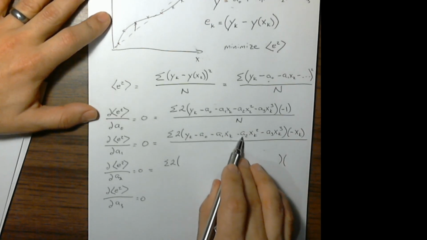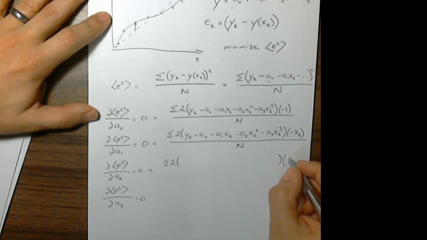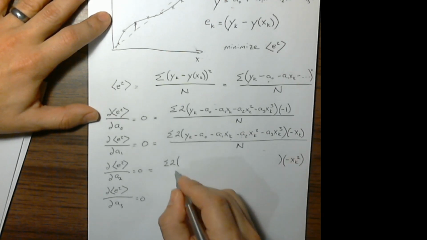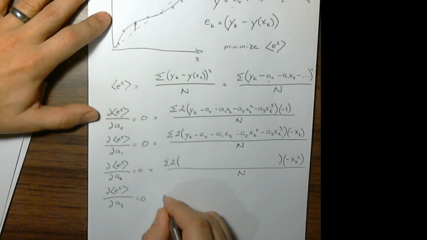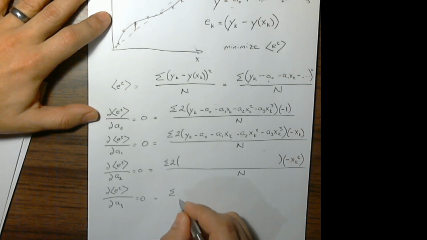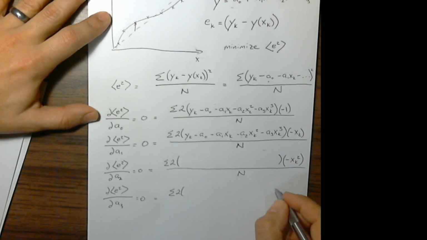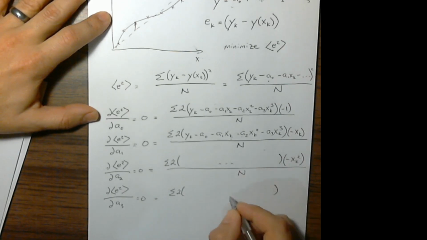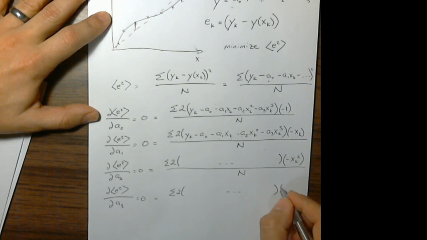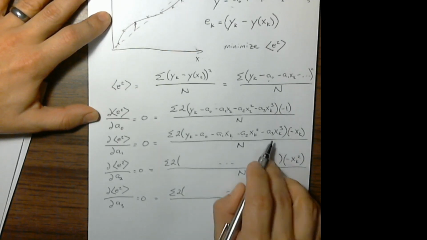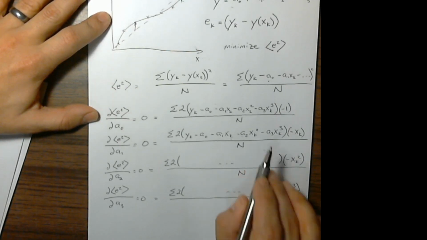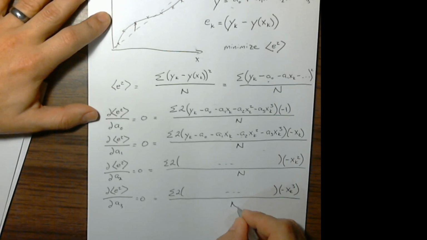This time we differentiate with respect to A2, so here we get a -xk squared. Same thing down here. The guts of the parentheses don't change, and now we get a -xk cubed, because we're differentiating with respect to A3. And that's all divided by n.